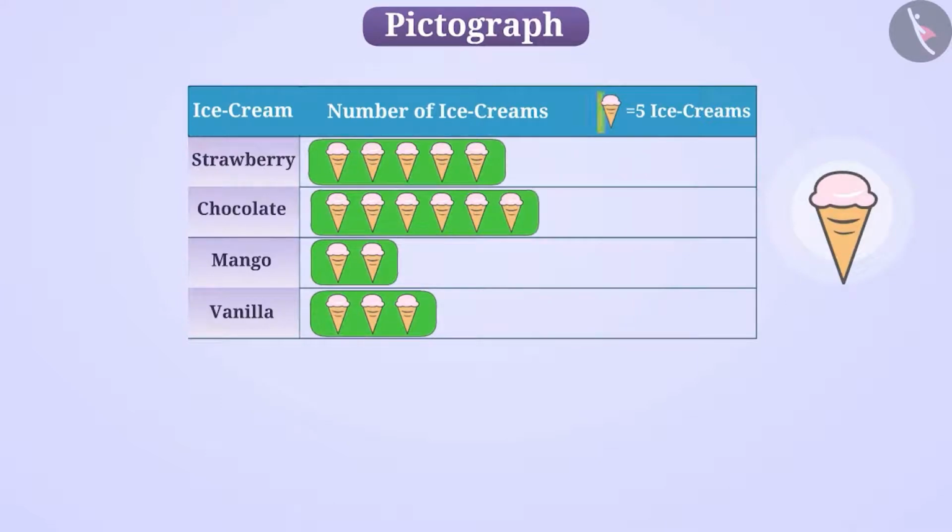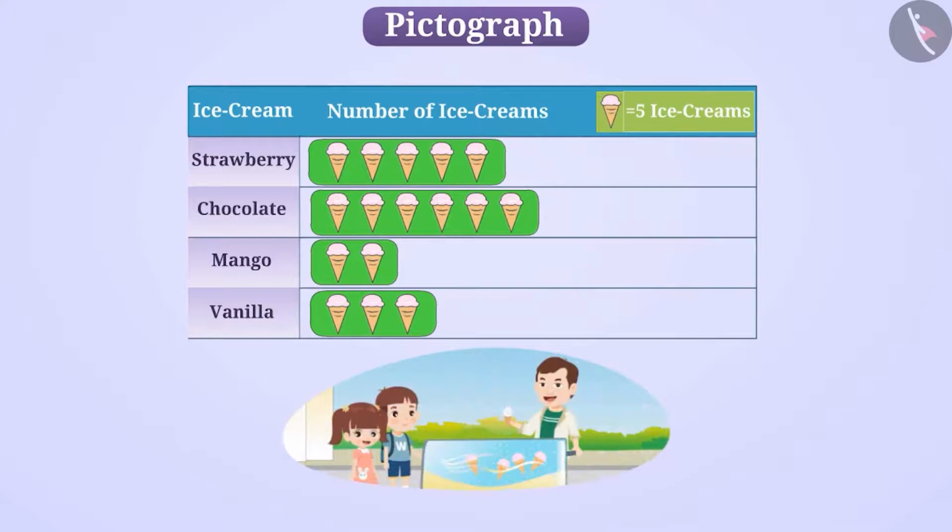At the same time, we are also given the value of an image using which we can understand the table. Using the pictograph, we can obtain a lot of information. Like, in the given pictograph, we can find the number of ice creams of each type sold by the ice cream vendor.